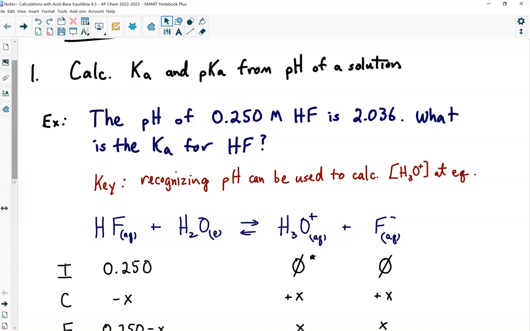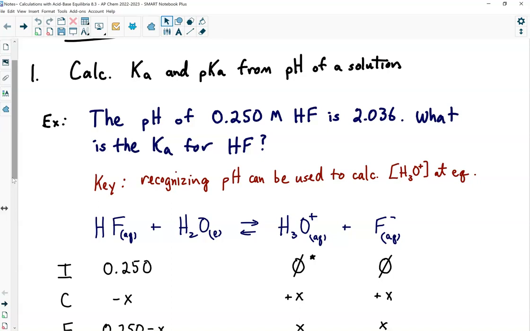So what if I have a certain concentration of a weak acid, and I take its pH? Is there a way to calculate the Ka? As I said, of course there is.